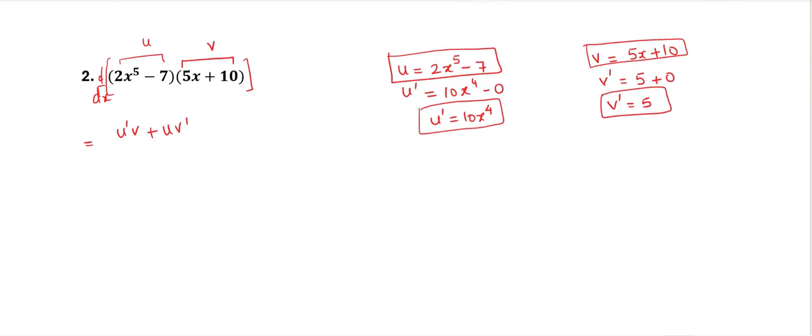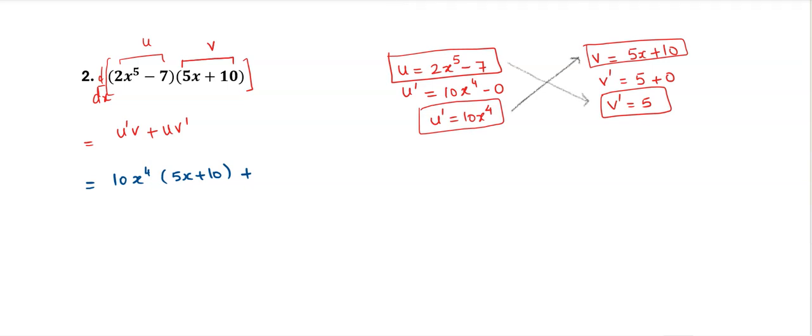So what the formula says, u dash v. So from u dash, you go to v and multiply them. So this gives you 10x power 4 multiplied with 5x plus 10. Okay. And with the rule, plus u v dash, this one.